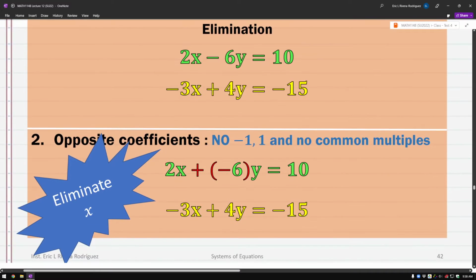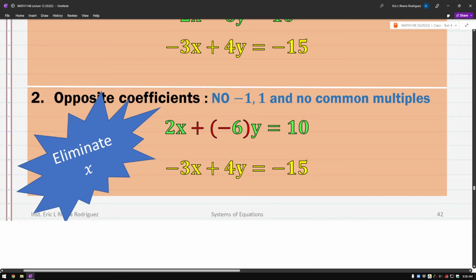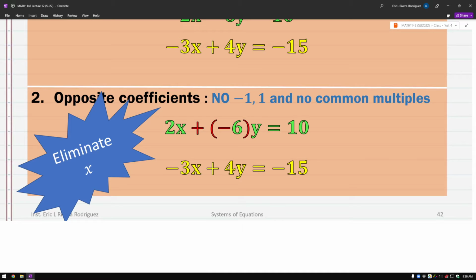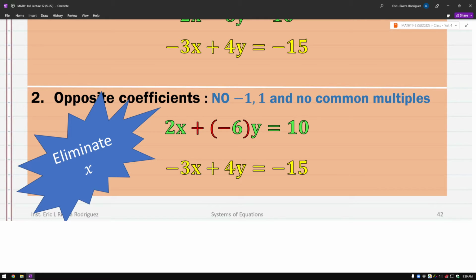And here, I will eliminate x. Why? I will eliminate x because I don't want to work with huge numbers in my equation. They are not going to be huge numbers if you want to eliminate y, because it's 6 and 4. Those are relatively small numbers, and we multiply them by 2 and 3, so it won't be a problem.